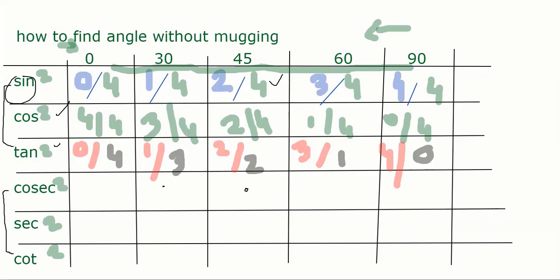Right, Shlesha? What is cosec 45? Cosec 45, guys. Obviously, sin 45 is 2 by 4, मतलब 1 by 2, तो 2 हो जाएगा, तो root 2. Root 2, that's it.